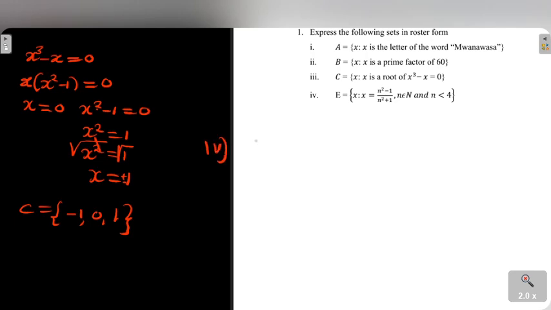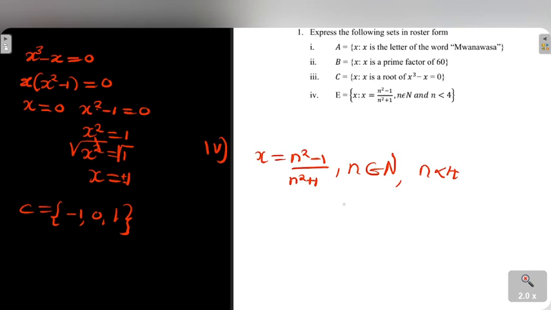Then for part 4, we have x is such that x is n squared minus 1, then you divide by n squared plus 1. So now they're saying that n is a member of natural numbers, and n is less than 4. So how do we now express this in roster form?